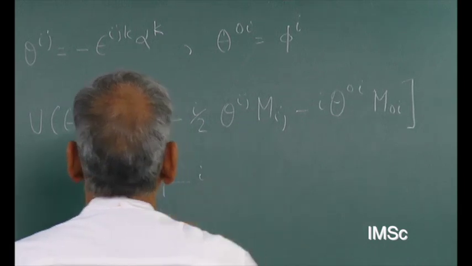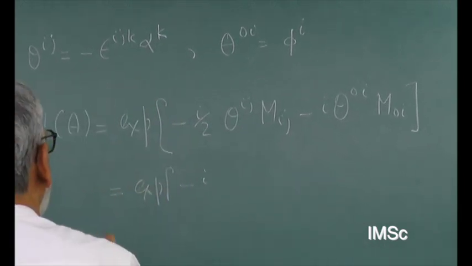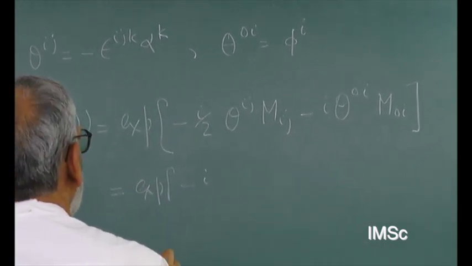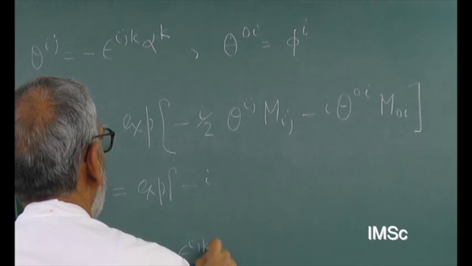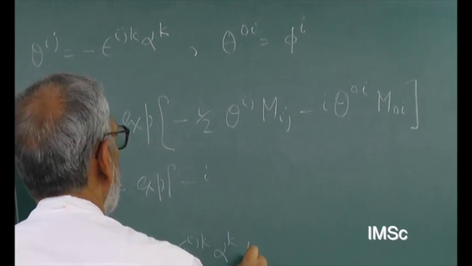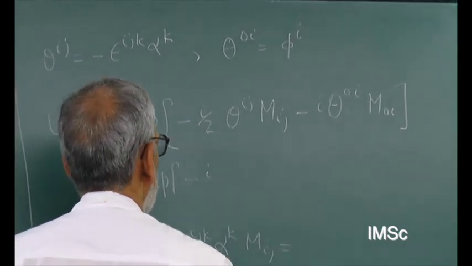And right now, theta ij Mij is minus epsilon ijk alpha k Mij.